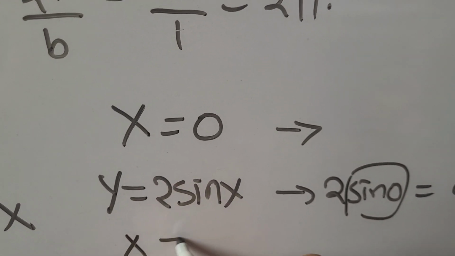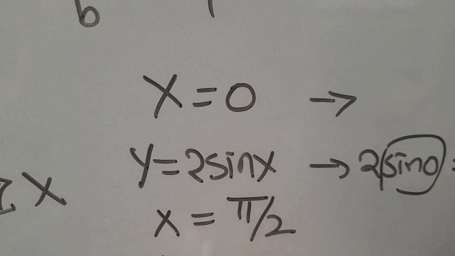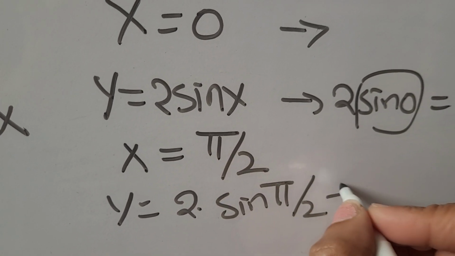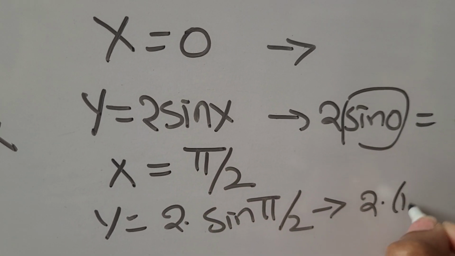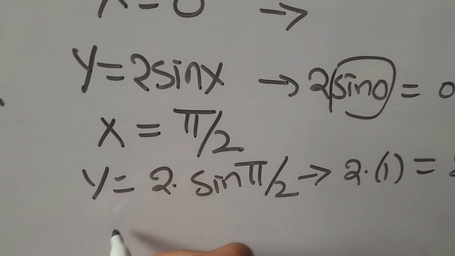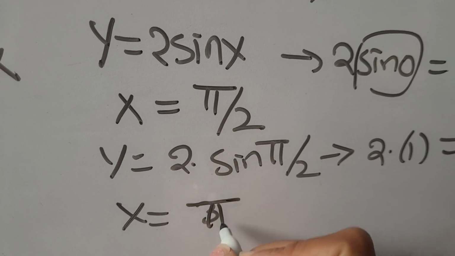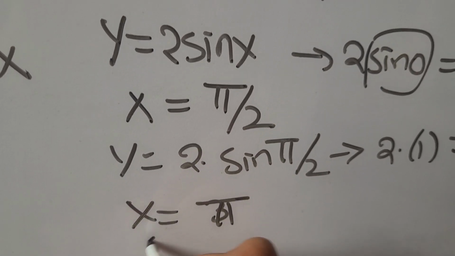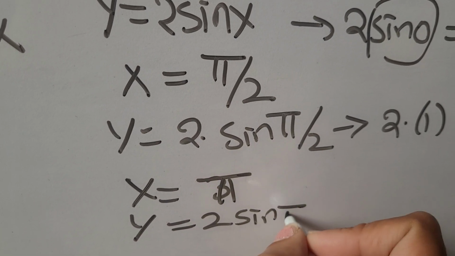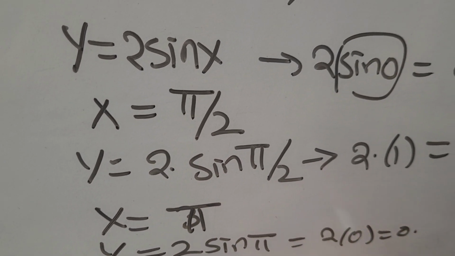And for x equal to pi by 2, y is equal to 2 times sine of pi by 2, which is sine of 90 degrees, which is 1, so the answer will be 2. And for x equal to pi, which is 180 degrees, y is equal to 2 into sine pi, which is 2 into 0, which is 0.